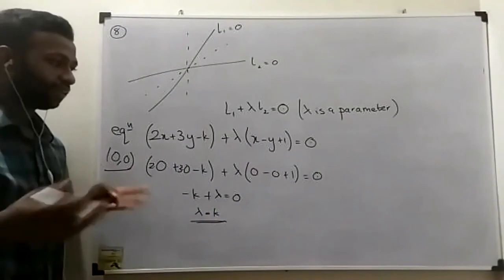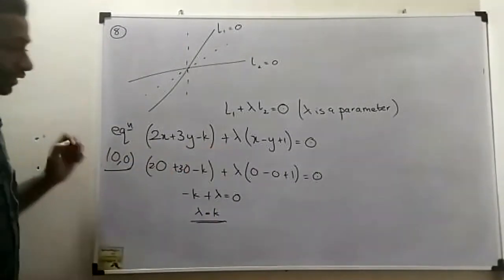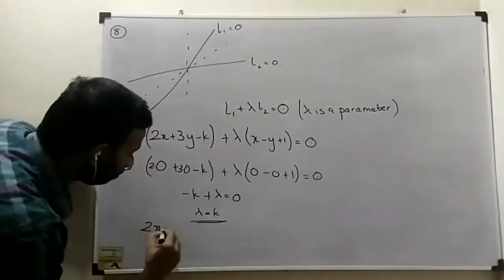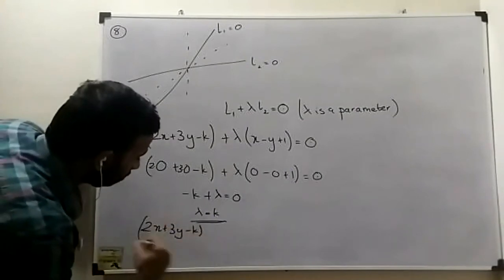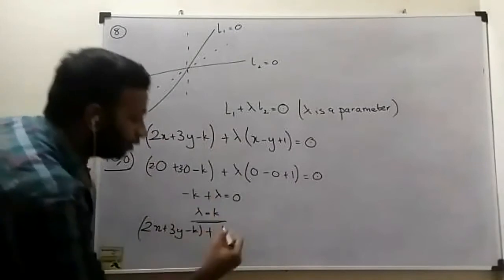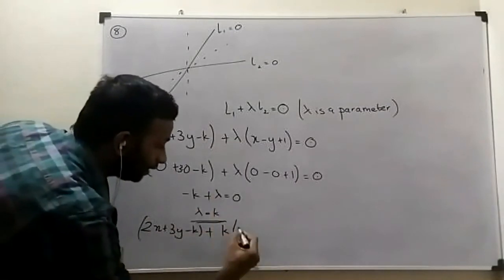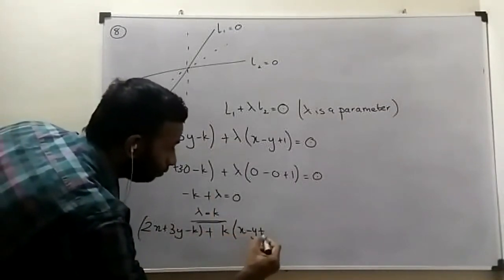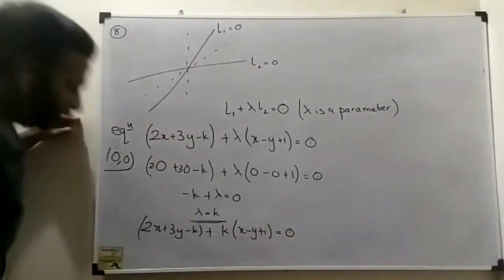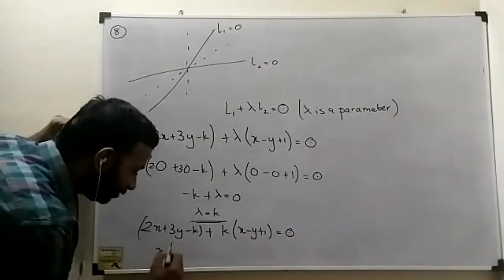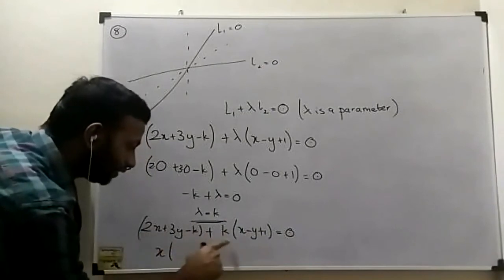So we can write the equation as 2x plus 3y minus k plus k times x minus y plus 1 equals 0. We can simplify it further. We'll take the x terms together, so x times 2 plus k.